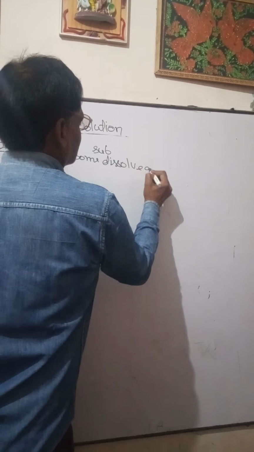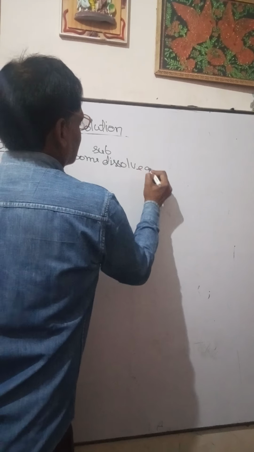Now we are going to go through some other terms. There are certain terms associated with solution. One is called unsaturated solution. So what is an unsaturated solution? Suppose a solution is prepared at room temperature and we can add a further quantity of solute to it.